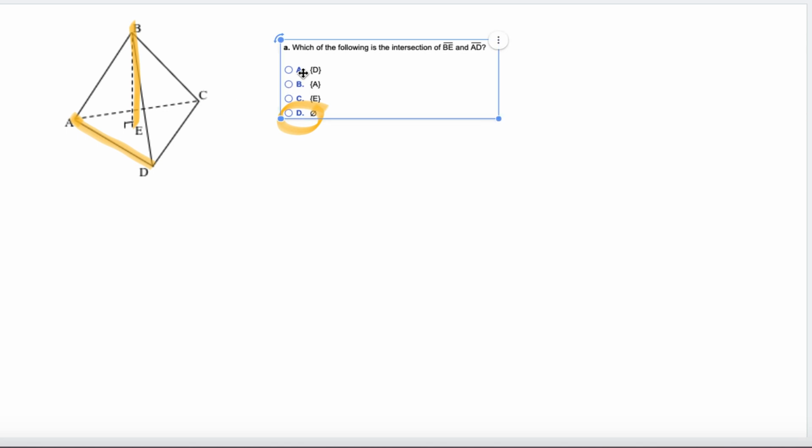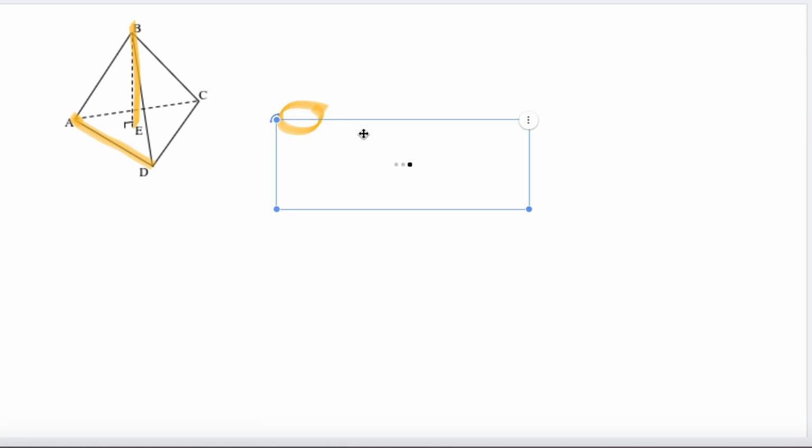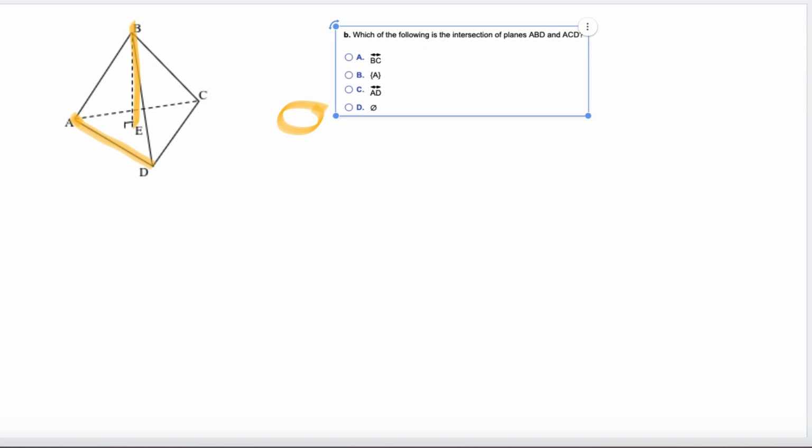Okay, let's look at the second one using the same graph. Let me get rid of this, and also erase this. Which of the following is the intersection of plane ABD and plane ACD?